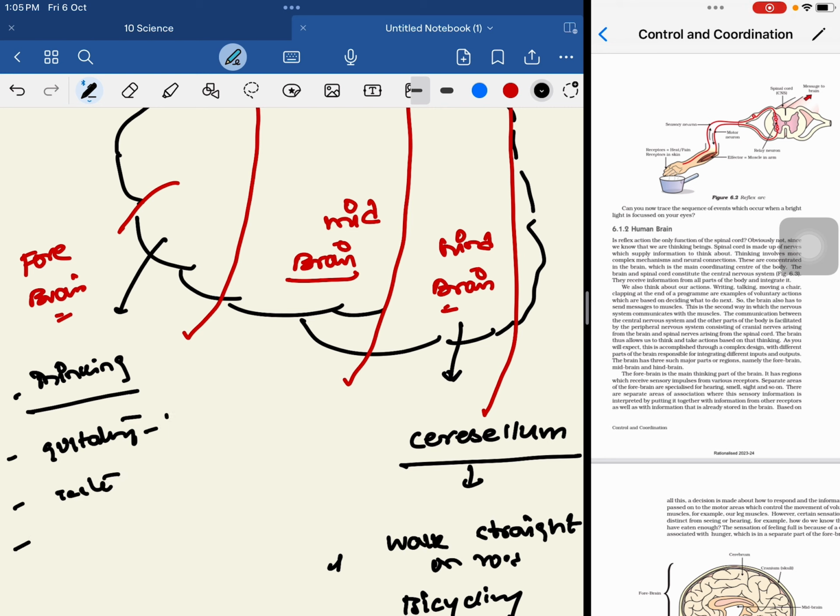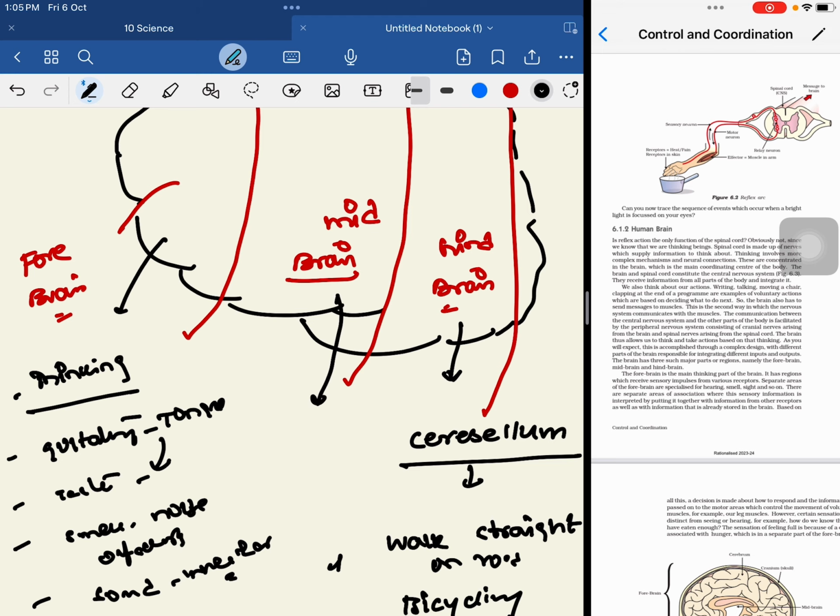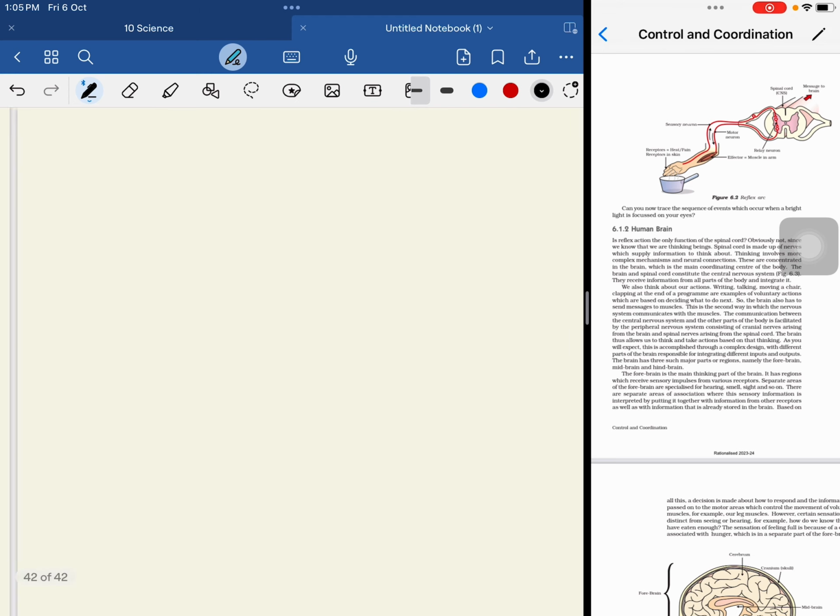Gustatory is the tongue, taste is also the tongue, smell is through the nose. This is olfactory. This is the inner ear, nose, tongue, ear. All these receptor signals go to the forebrain.